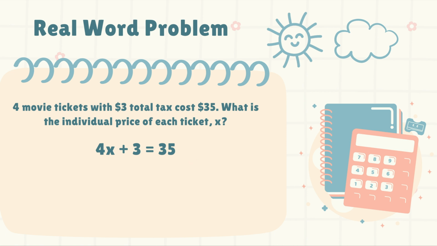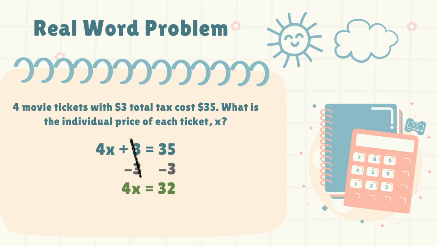Anybody have any idea what I would do first? I'm going to subtract 3 from both sides. Well, my 3's cross each other out, and now I can bring everything else down and do my 35 minus 3. 35 minus 3 is 32, and bring down my 4x. 4x equals 32.